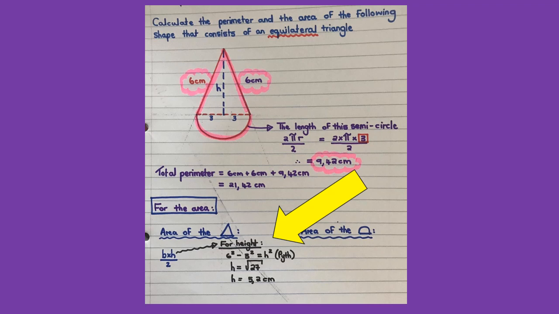So 6 squared minus 3 squared will give you the height squared. Remember, the 2 sides touching the 90 degrees added will give you the hypotenuse, or if you've got a hypotenuse and a leg, then hypotenuse squared minus one of the legs squared will give you the height squared. And we can figure out that the height is 5.2 centimeters.